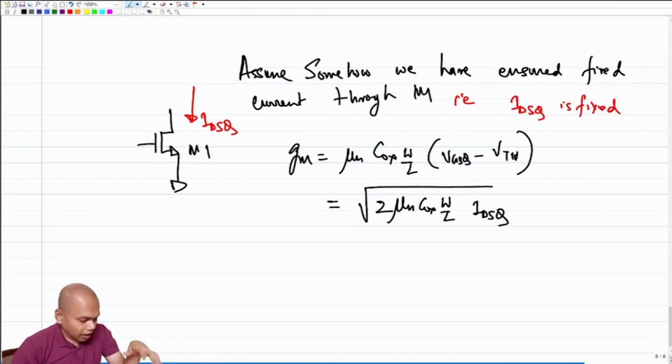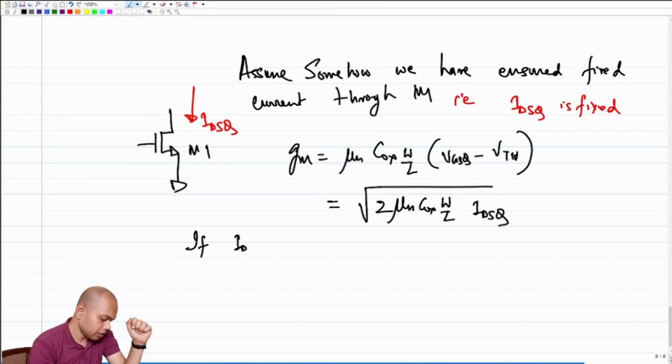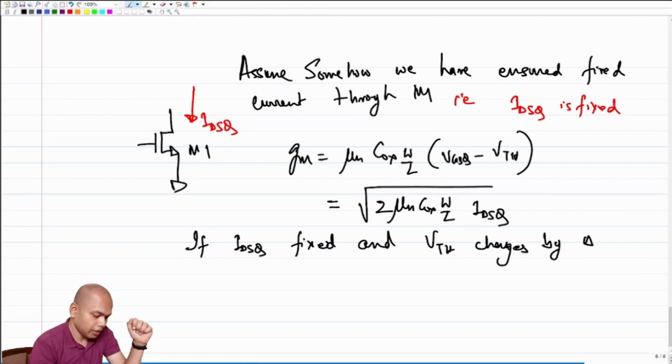Okay, and now let's see what happens if IDSQ got fixed. Tell me what's going to happen if the threshold voltage of this transistor changed. So if IDSQ is fixed and threshold voltage changes by delta VTH, what will happen to GM?